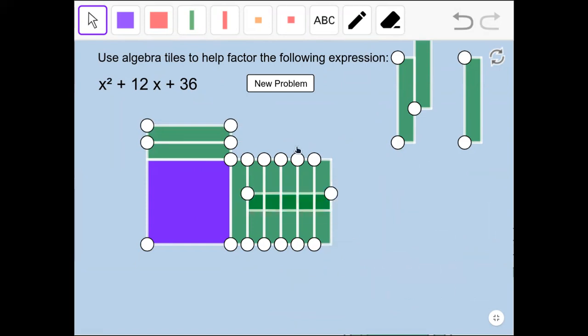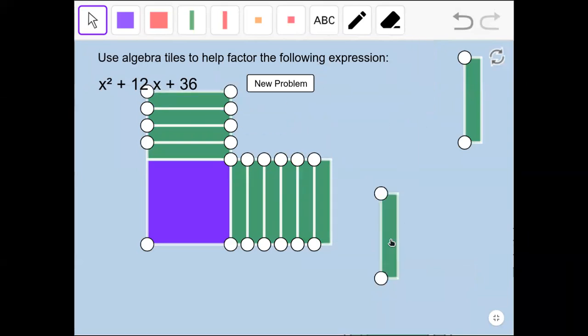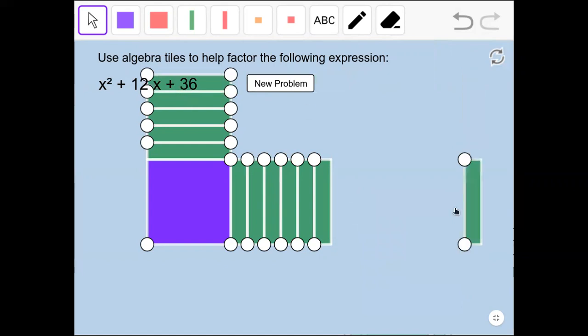So horizontally I arranged 6. Vertically also I can arrange 6. One, two, three, four, five, six. 1, 2, 3, 4, 5, 6. So how many ones do I need?